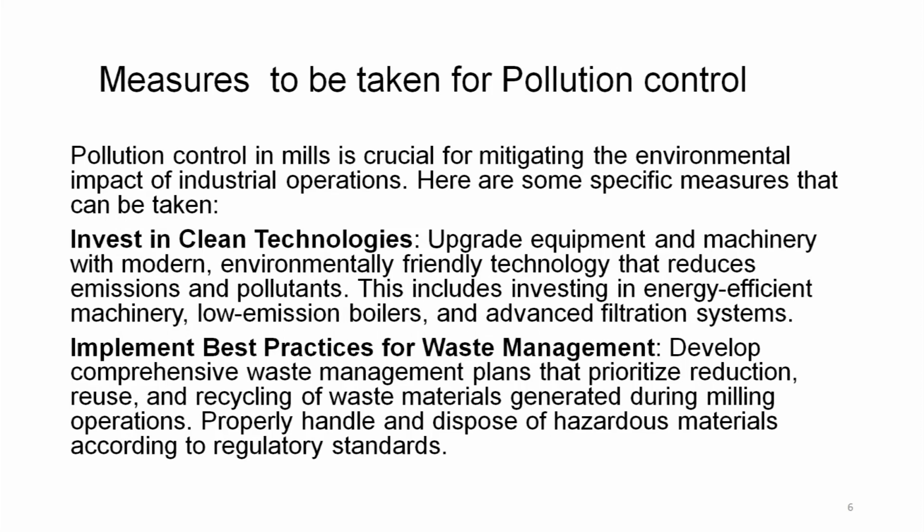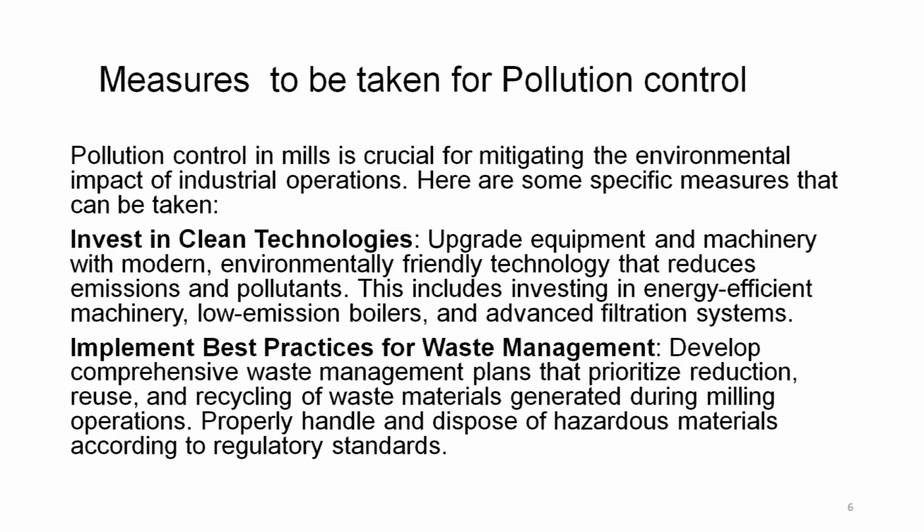Measures to be taken for pollution control. So, therefore, there are measures, and if a mill owner is following those strategies, then there is no way that he or she will be penalized for creating any environmental issues. Pollution control in mill is crucial for mitigating the environmental impact of industrial operations.